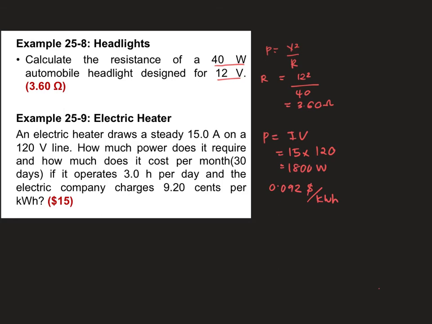So it is 0.092 dollar per kilowatt hour, it operates 3 hours per day, and we need to find per month, which is times 30. Then don't forget to multiply by 1.8 kilowatt, because 1 kilowatt is going to cost you 0.092 dollar. You are going to get your answer here, which is $15. That's how you do it.